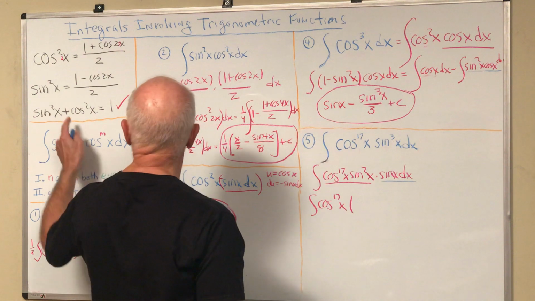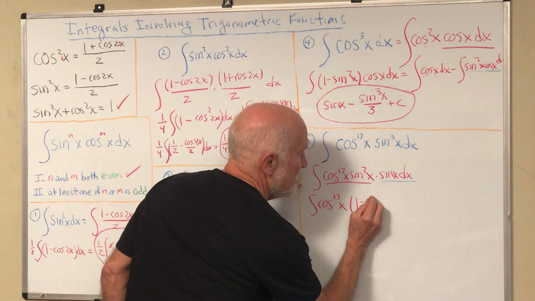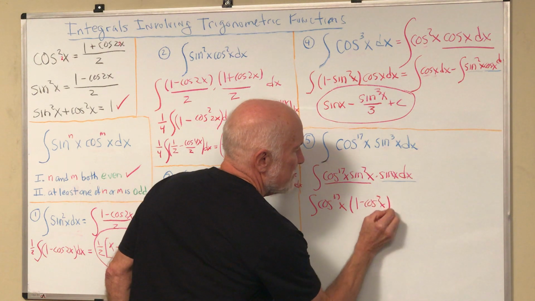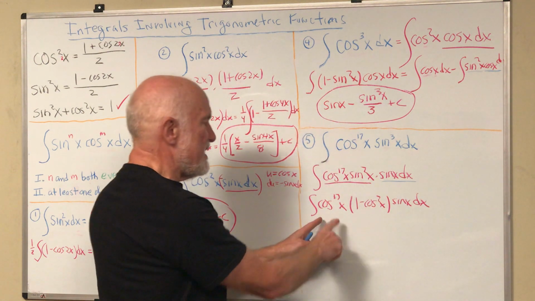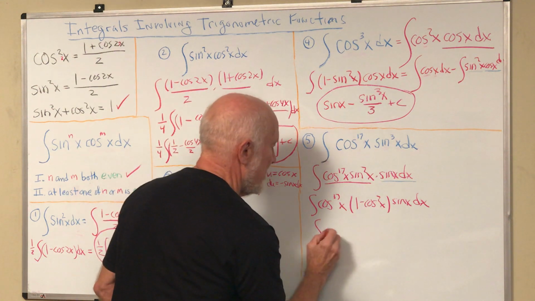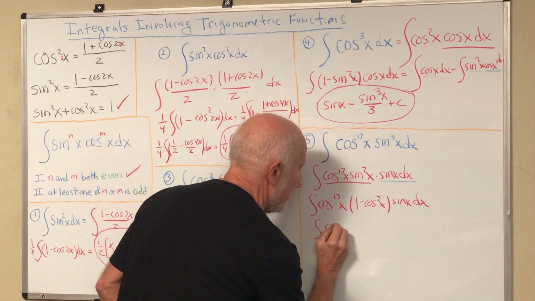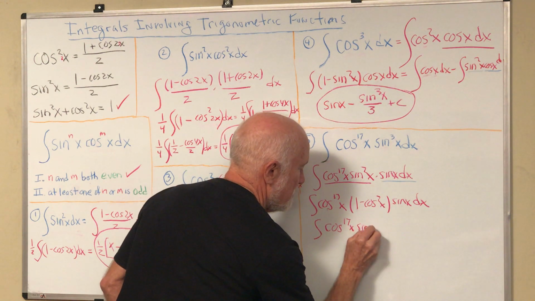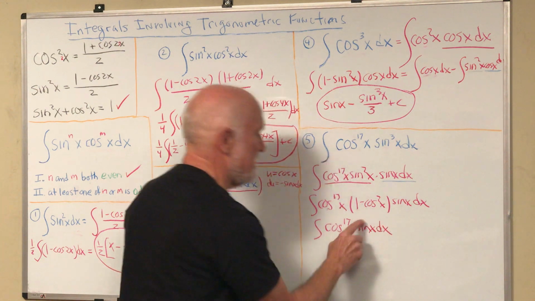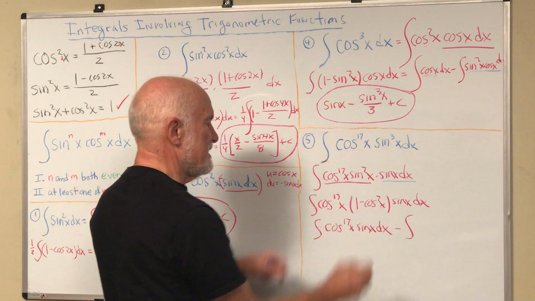But using that same Pythagorean identity, sine squared is 1 minus the cosine squared of x. And if I rewrite this into two integrals, I get cosine to the 17th times sine and then minus the integral of cosine to the 19th.